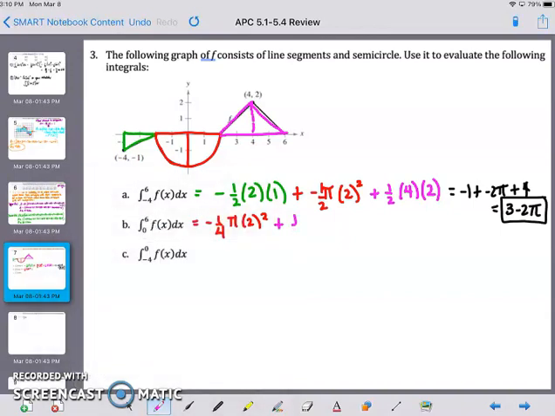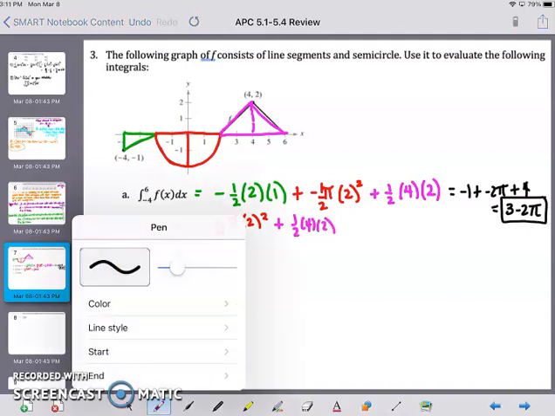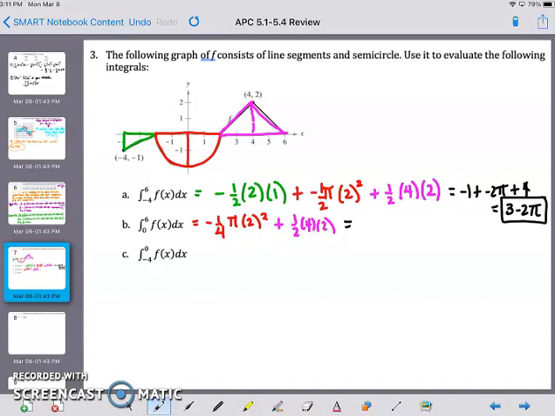That's plus 1/2 times 4 times 2. So doing this calculation here, 2 squared is 4, and then -1/4 pi times 4 is just going to give me negative pi, plus the triangle is 4. So I end up with an area here of 4 minus pi. Again, just leaving my answer in terms of pi.